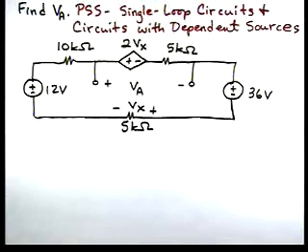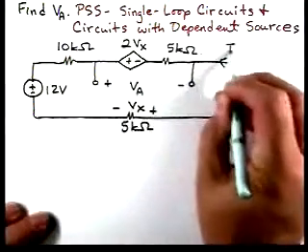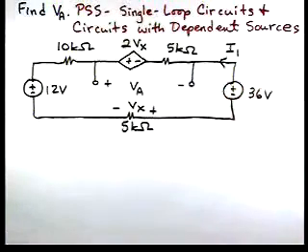If we look at our problem-solving strategy for single-loop circuits, the first step is to define a current. I'm going to define the current I1 in that direction. Then the next step is to assign a voltage across each resistor in terms of that assigned current.